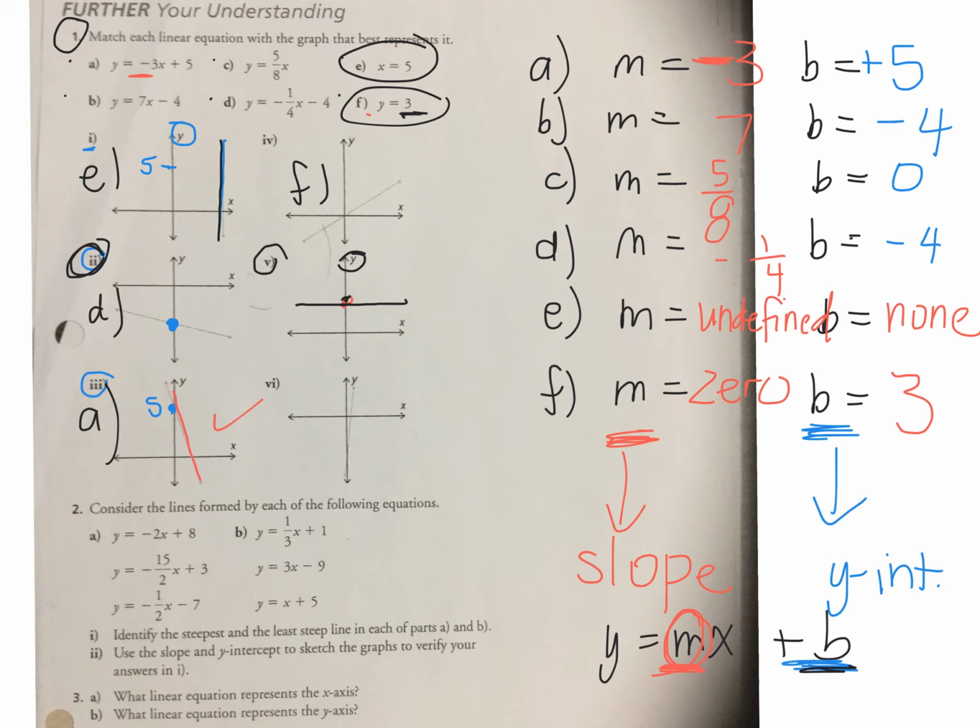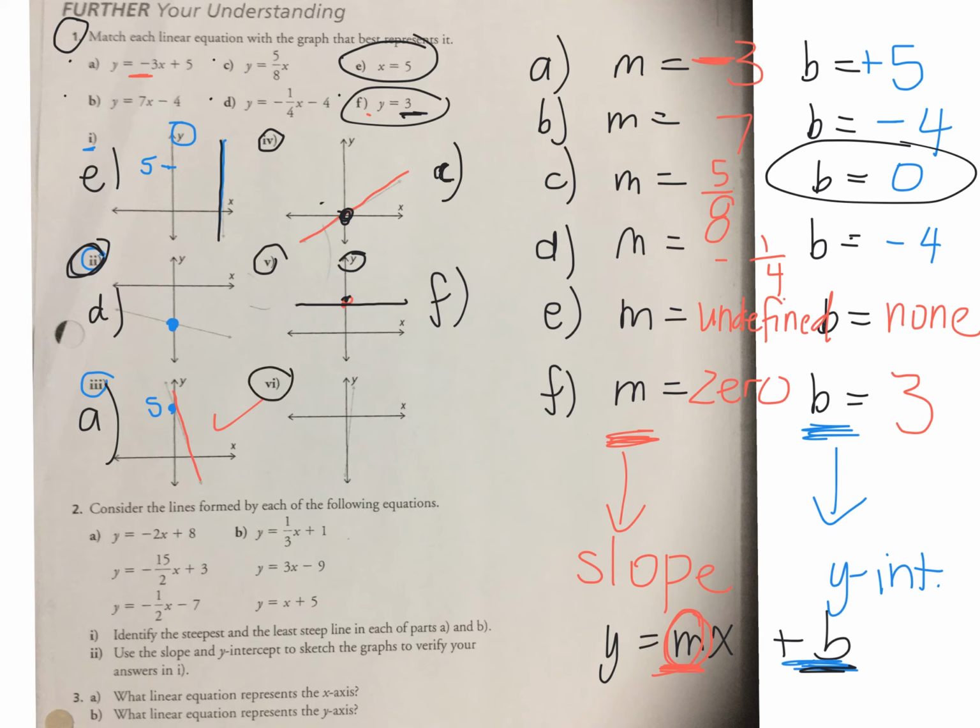And what would this line be? We already did that one. F. Oops, I wrote it in the wrong one. This is supposed to be F, sorry. Horizontal. What is the equation of this line? Which one do I match that with? Yes, C is the only graph that passes through the origin. The y-intercept's 0.